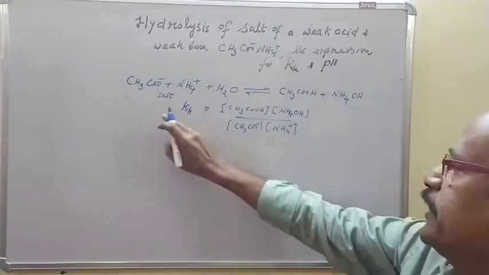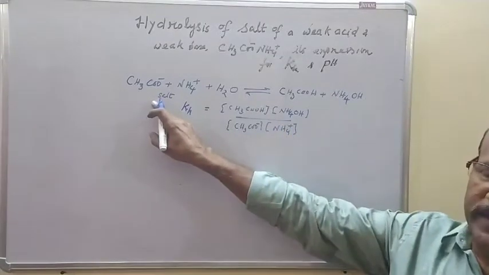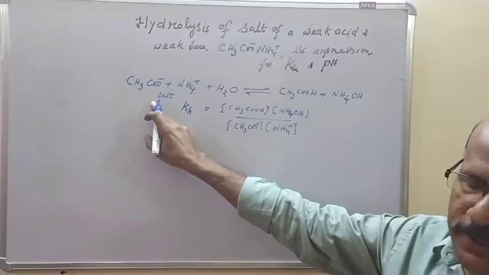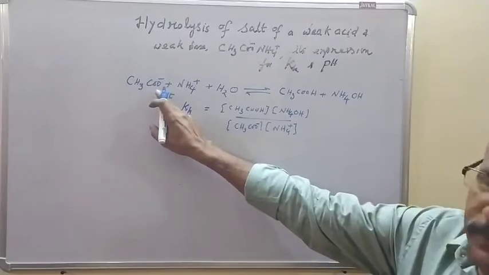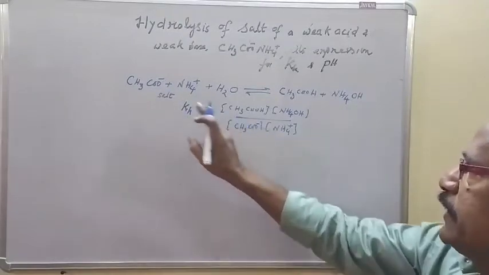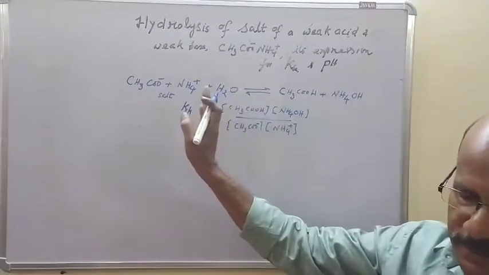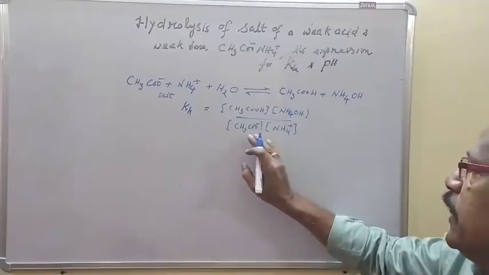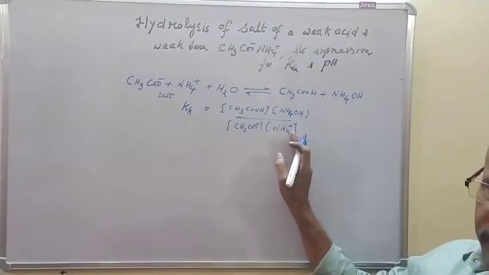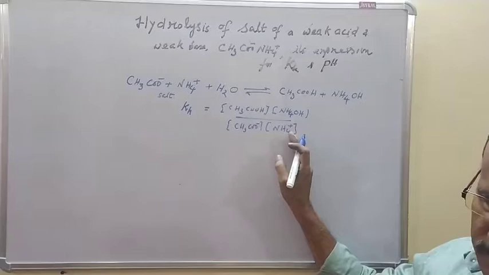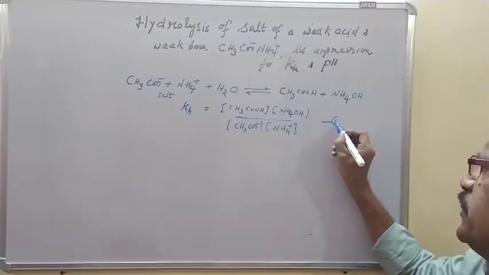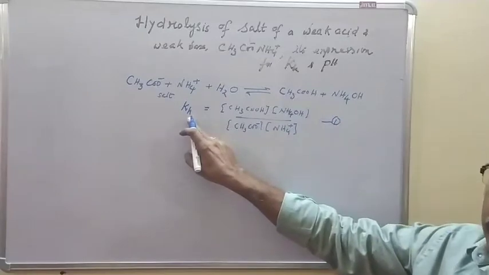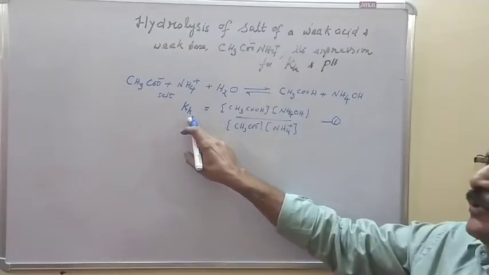In the case of the salt of a weak acid and strong base, or the salt of a strong acid and weak base, only one part is there, because the other part gets cancelled. Here both the cation and anion parts are there at equilibrium. That is the difference in this case. So this is equation number 1, the expression for the hydrolysis constant for this salt.